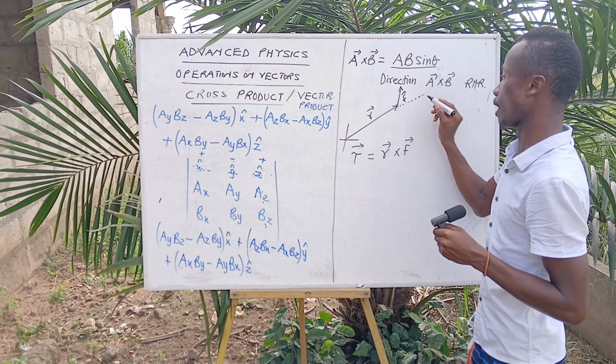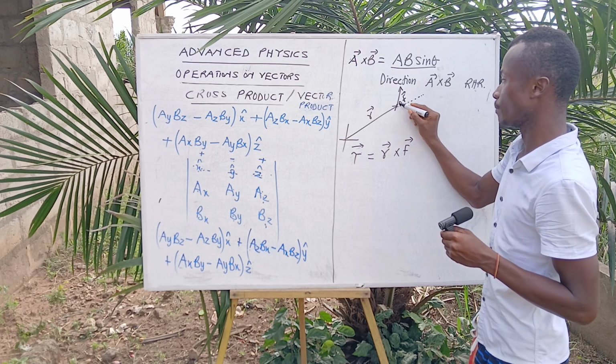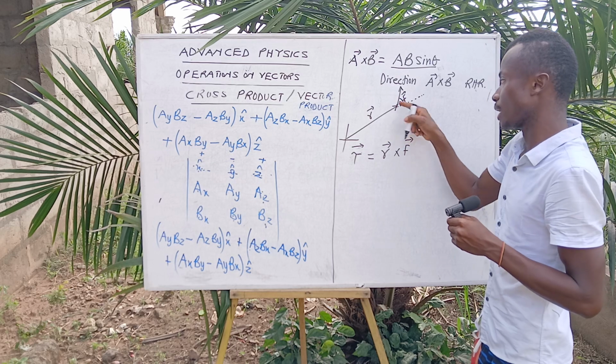If we continue R, the angle between them will be this. That will be the acute angle between them.